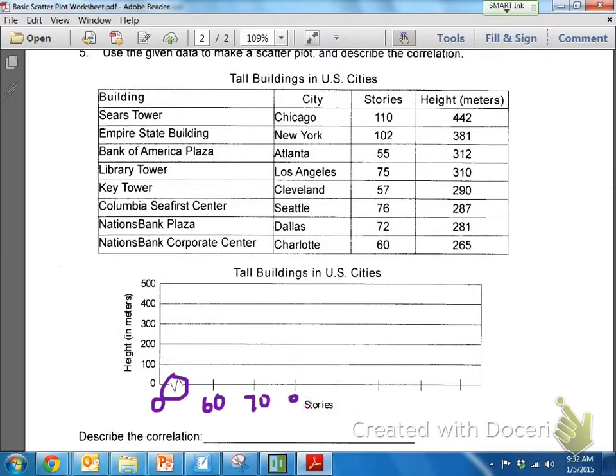So now that we know that, let's go ahead and look at the graph here. Again, stories, our first column, is going to be X, and the height in meters is going to be Y. Notice how the y-axis is already labeled for me. But for the x-axis, all I have is stories on the bottom, but I don't know the numbers. So notice how stories starts at 60 down here, and then works its way up to 110.